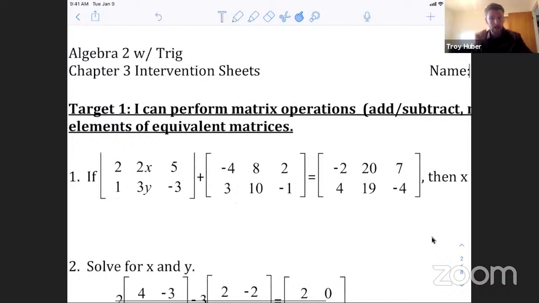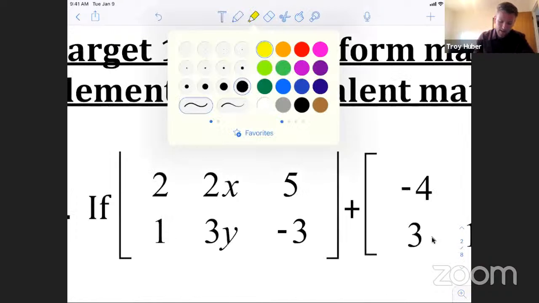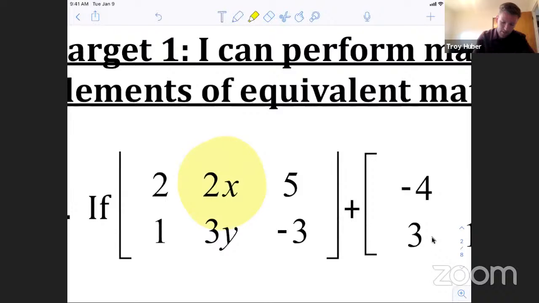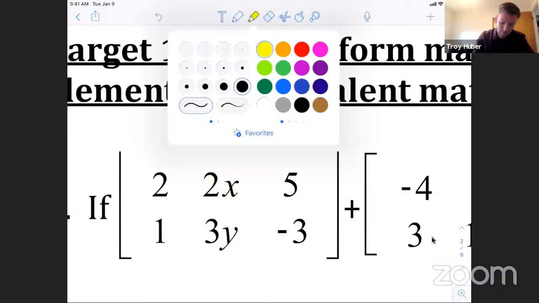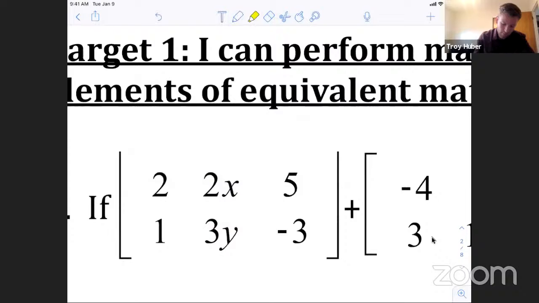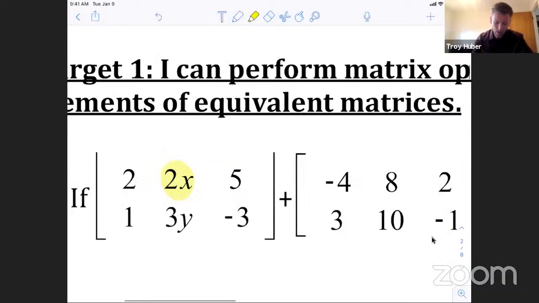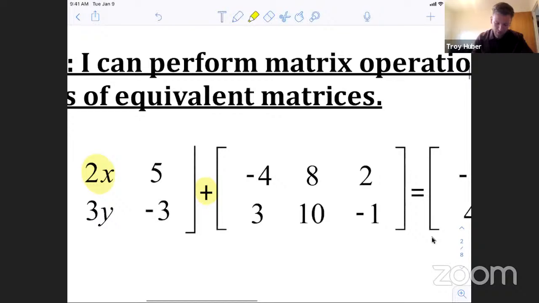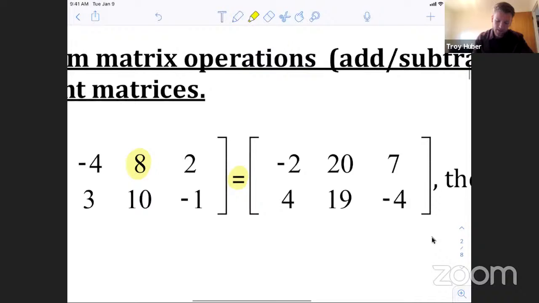Addition and subtraction of matrices is very nice because it's exactly what you would think. The position of the numbers of the matrices line up. So for example, in this one, I'm solving for x. Notice x is in the top center. Top center plus this matrix's top center is equal to our solution matrix's top center.